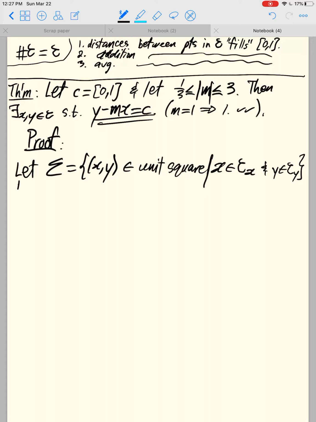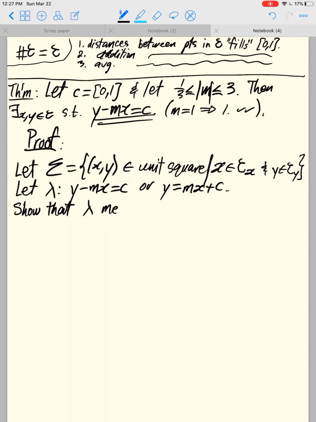We're also going to call this line lambda, y minus mx equals c, or as we know it better, y equals mx plus c. And the theorem will be proved once we can show that lambda meets sigma in at least one point.